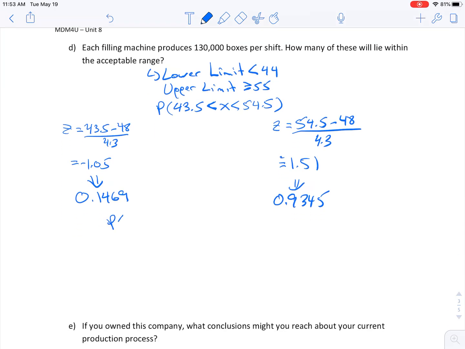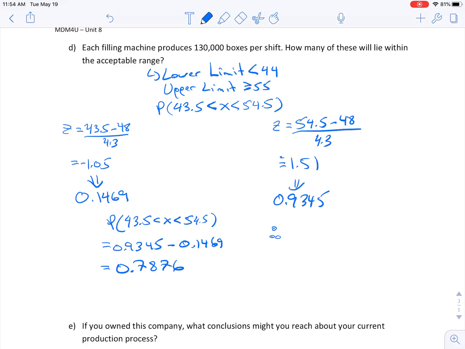And so my probability between each of those is I take the upper limit minus the lower limit. And you get 0.7876. So what that means is that 78.76% of the boxes produced are within the accepted range.